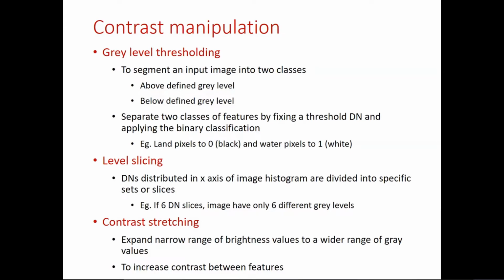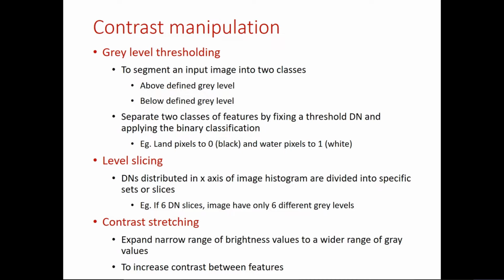So in this gray level thresholding, as the name suggests, you are assigning a threshold level for the gray level. Gray level means it's represented by the brightness of the image, or brightness of the pixel, which is represented by the DN. So what you do here is you fix a particular threshold DN value, and you classify it into two.